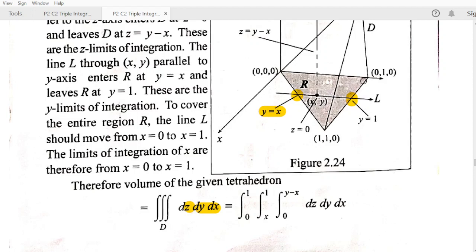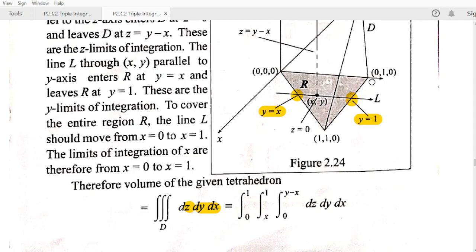Similarly, to find the equation of this line, we know that this line passes through these 2 points, 0 1 0 and 1 1 0. Here also we will be using the same formula. By using the same formula, we get x equal to 0, z equal to 0 and y equal to 1.